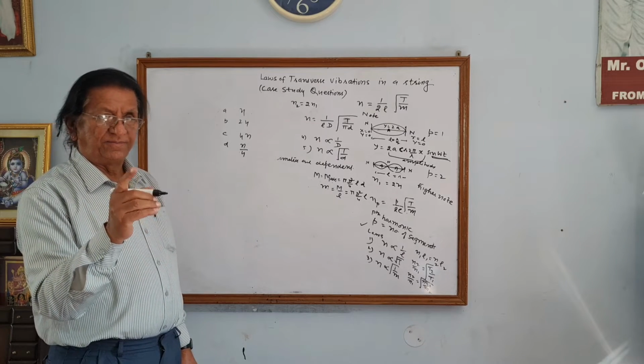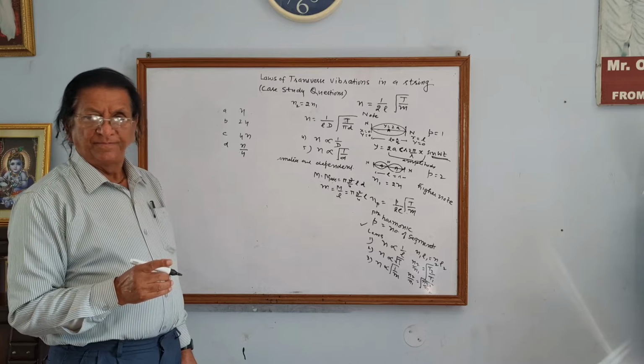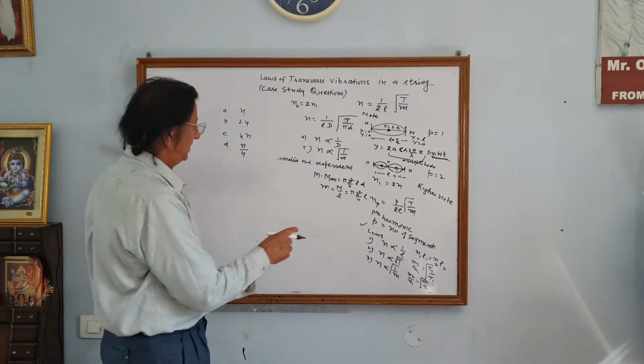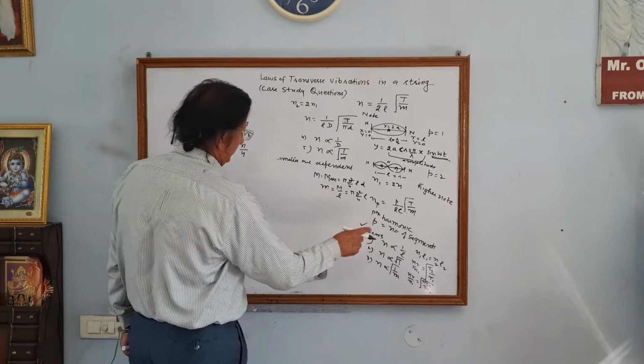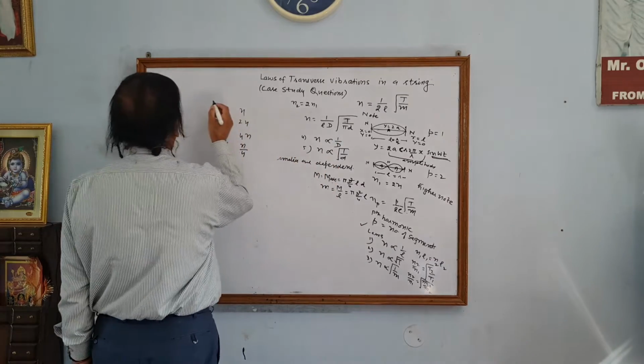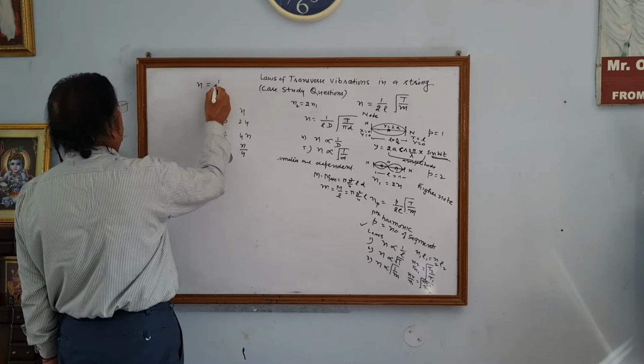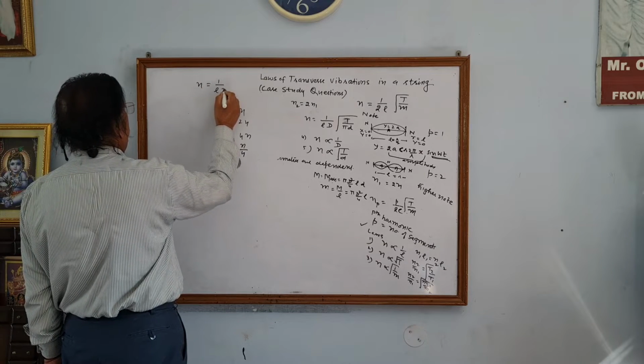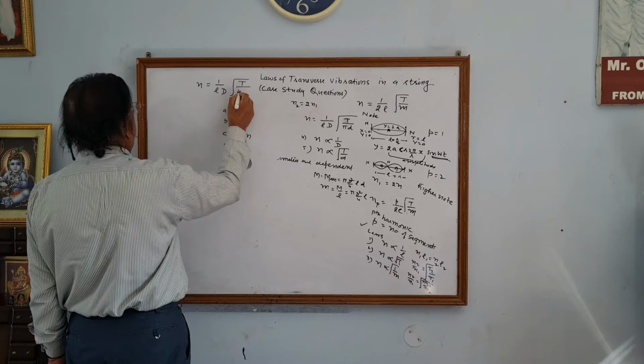Length and diameter both are doubled. Okay, so length and diameter both are doubled. So you have this summation. Fundamental frequency is 1 over L D under root T by pi rho.